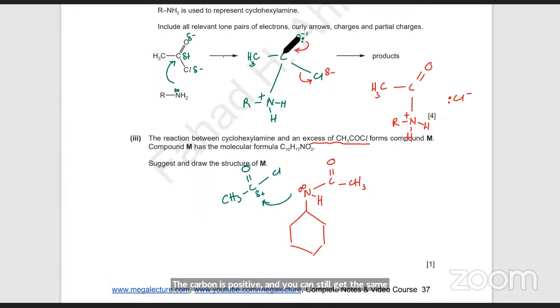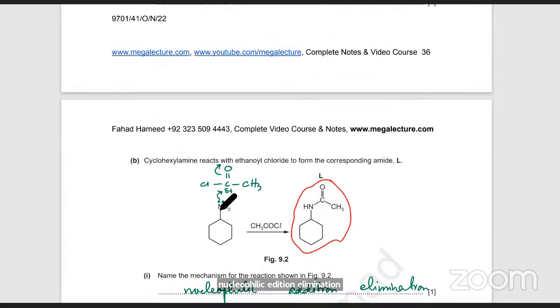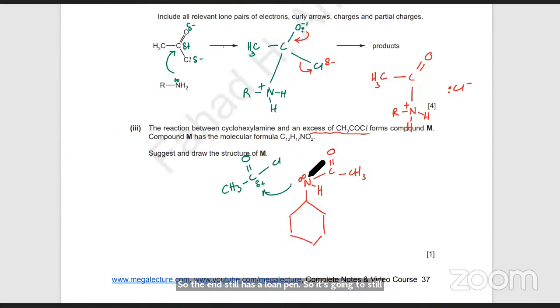So the same thing will repeat. Previously you had an N, it got attracted to the carbon atom and bonded to it. The N still has a lone pair, so it's going to still get attracted to the carbon atom, and it can form another product over here.